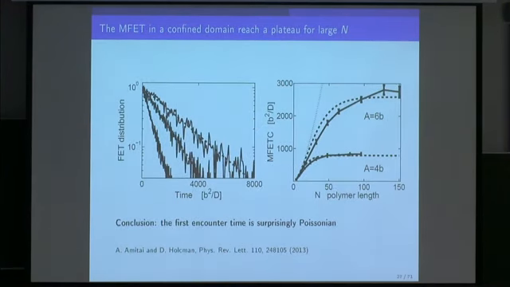So that's what it looks like. This graph is for the case when there is no confinement, and we know that in this case the mean first encounter time diverges with the polymer length. However, if we assume that there is some confinement, it's going to converge to some asymptotic value.